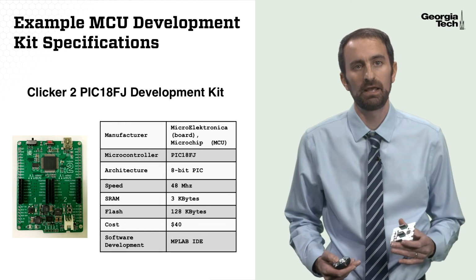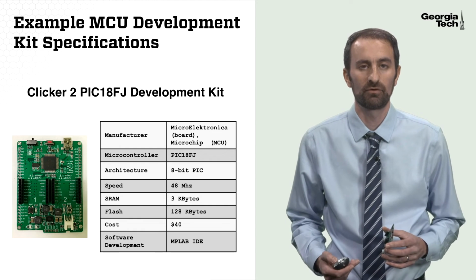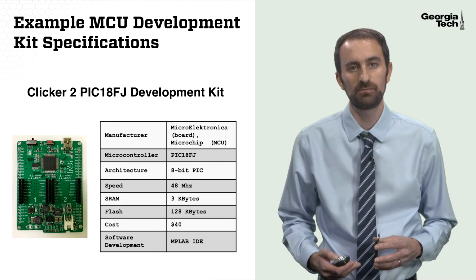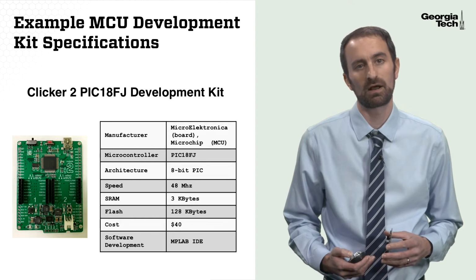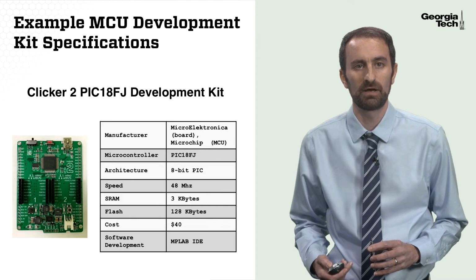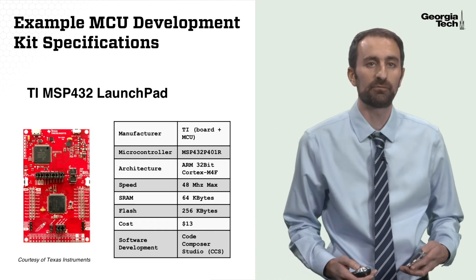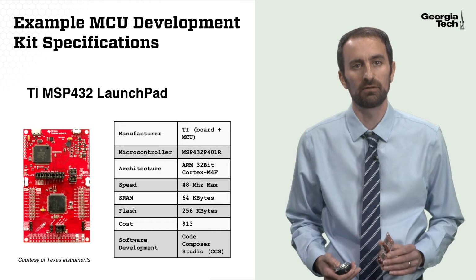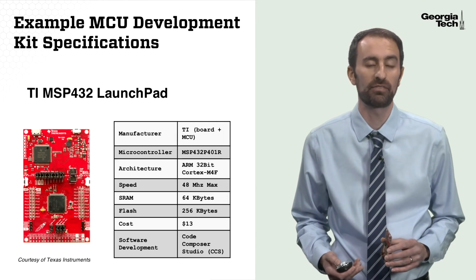The Clicker PIC18 development kit uses an 8-bit PIC model microcontroller made by Microchip. This microcontroller is lower performance and is typically used for embedded applications which don't need complex processing or complex software. It has 3 kilobytes of RAM and 128 kilobytes of flash memory. The TI MSP432 Launchpad also has a 32-bit microcontroller, 64 kilobytes of RAM, and 256 kilobytes of flash memory, and costs about $13.